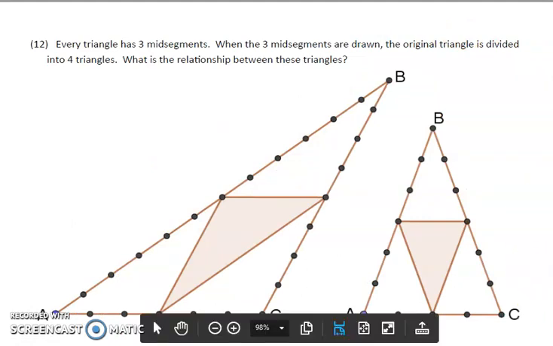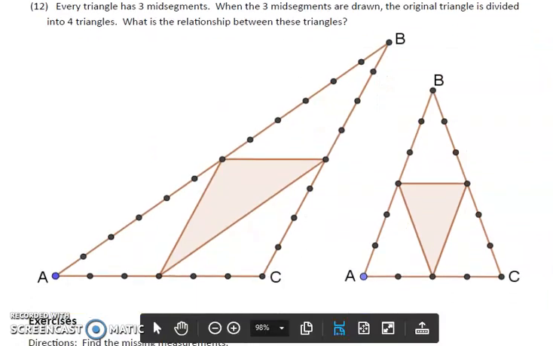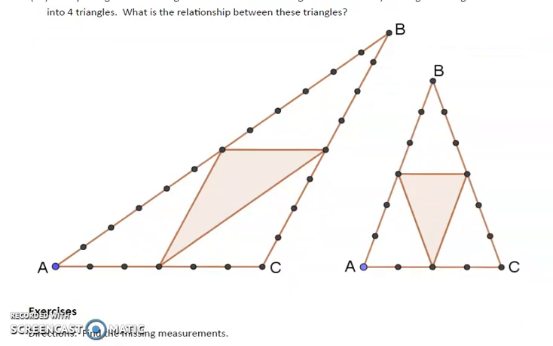In the last problem here, they're asking what appears to be the relationship between the four triangles. If you have a sheet of patty paper, this would be a perfect opportunity to check that out. Because these segments are parallel to each other, that makes these angles the same, and these angles the same.